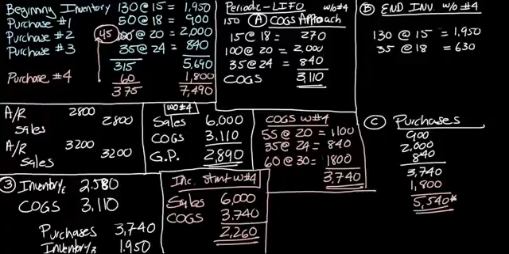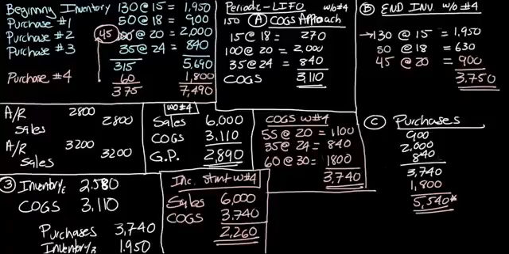So what units do I have in inventory? I have all 130 at 15. I have all 50 at 18. And now I have 45 at 20, and those 45 at 20 are an additional 900.